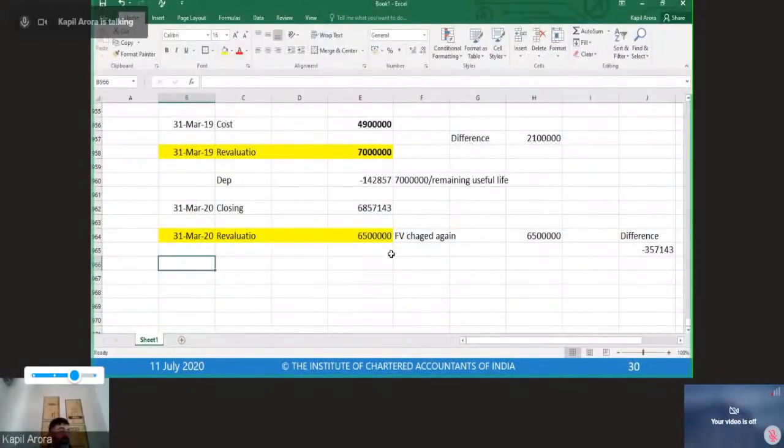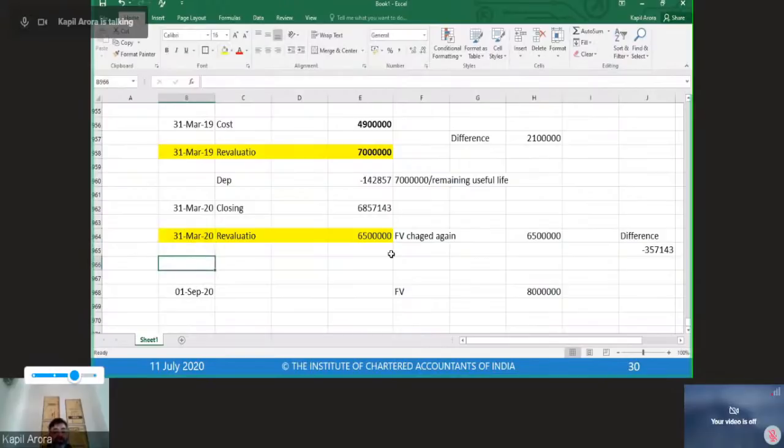Okay, so I have one question. Rosalind has asked, what if revaluation is done next year in 6 months? So again, revaluation happened on 1st September 20, and the fair value is, let's assume, 80 lakhs. But can I compare 1st September to 31st March?